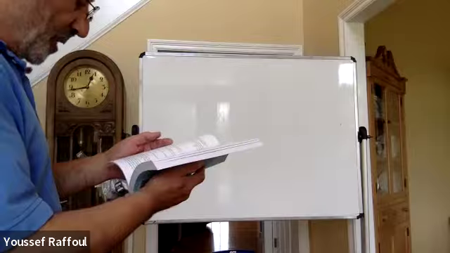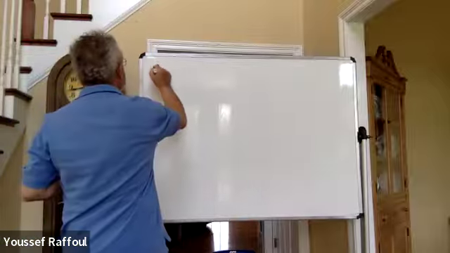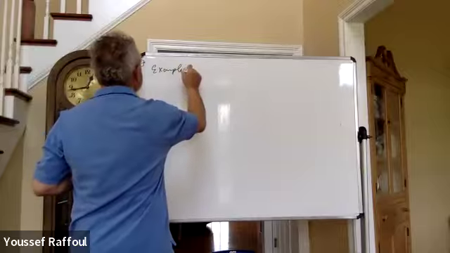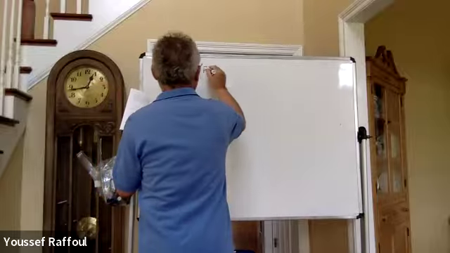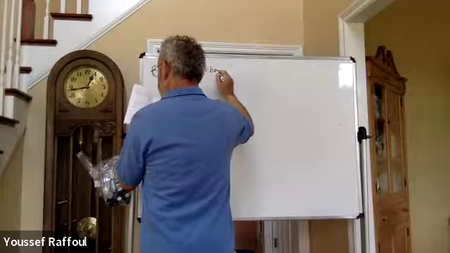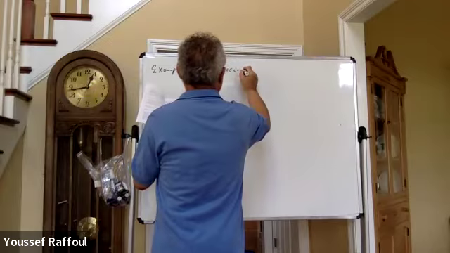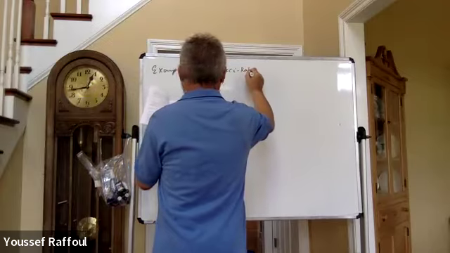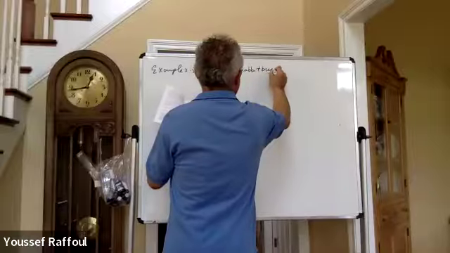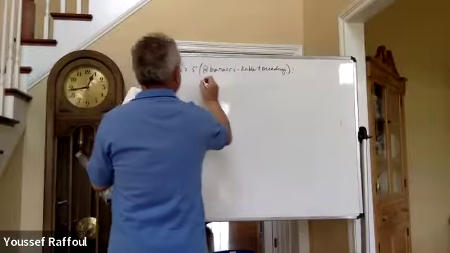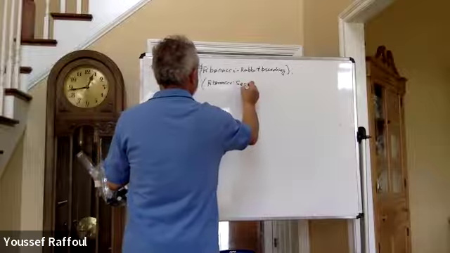This is called Fibonacci rabbit breeding. Some people call it Fibonacci rabbit breeding, or some people call it Fibonacci sequence.